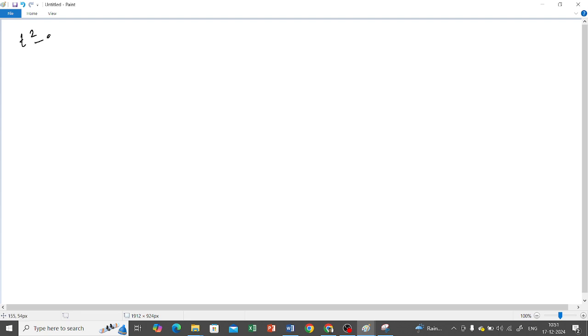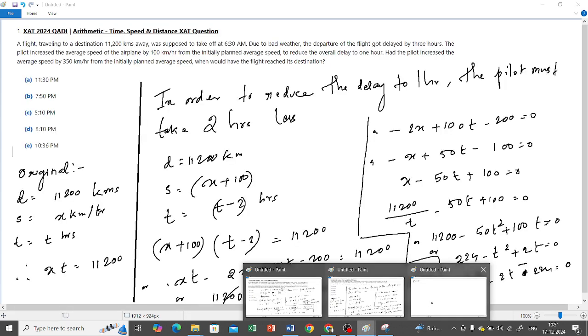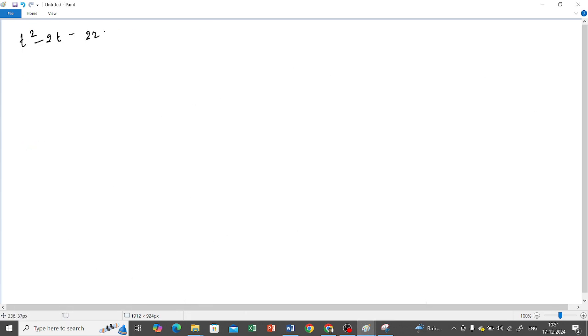Now t square minus 2t minus 2 to 4, okay, minus b plus minus root over b square minus 4ac, okay.